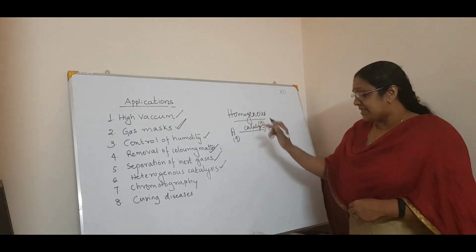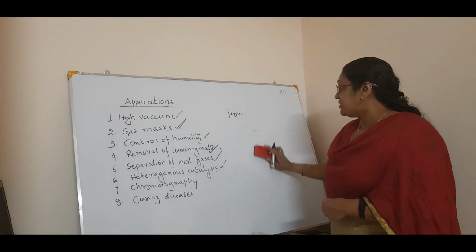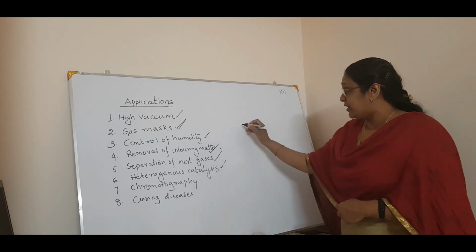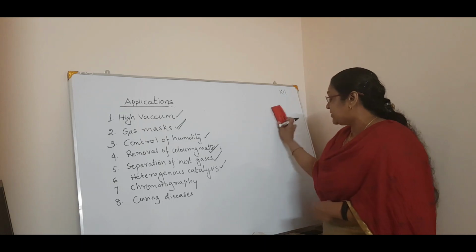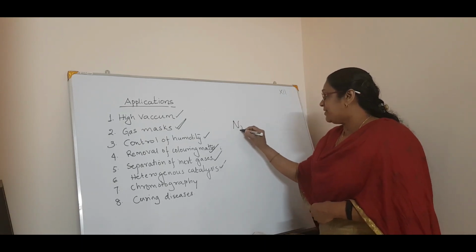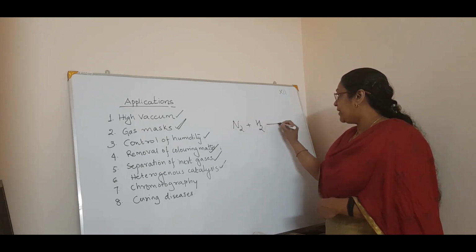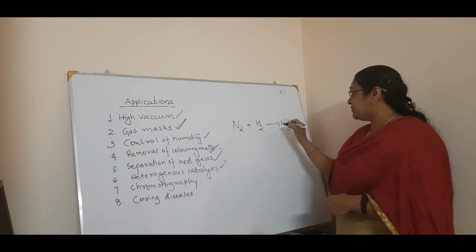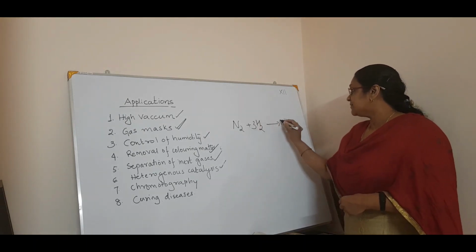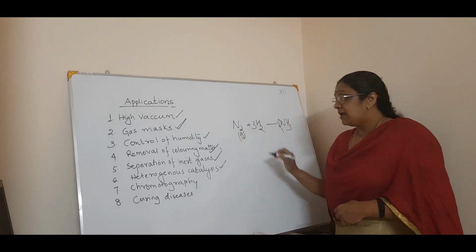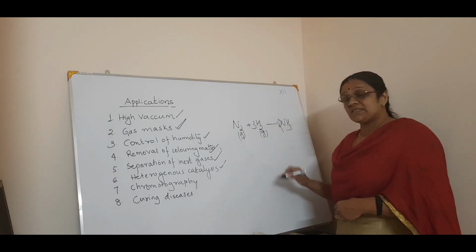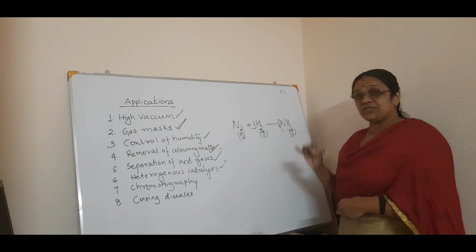Now what is heterogeneous catalysis? You have not noted it. If A gives B, for example, I will give a true example: nitrogen plus hydrogen will give you ammonia. You all know that. To balance it. Now, nitrogen is in the gaseous phase, hydrogen is also in the gaseous phase, and ammonia is also in the gaseous phase.